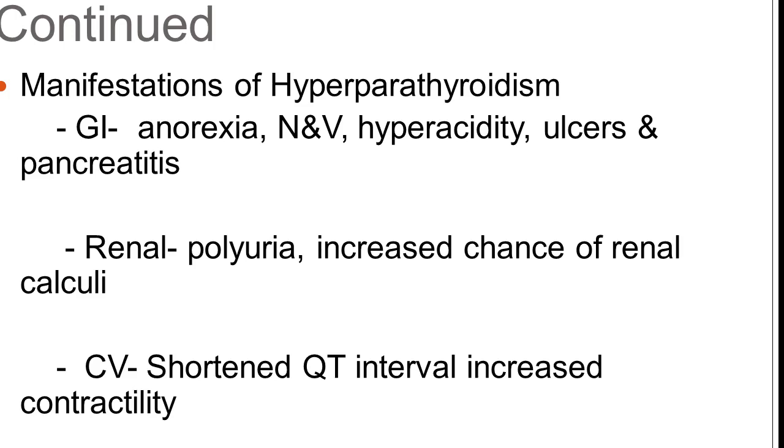It can affect about 1 in 1,000 people. And as I said before, these high calcium levels really do affect several body systems. As you can see from the PowerPoint slide, the GI tract, causing hyperacidity. This is why they're prone to ulcers. The renal system can cause polyuria, increased chance of renal calculi.